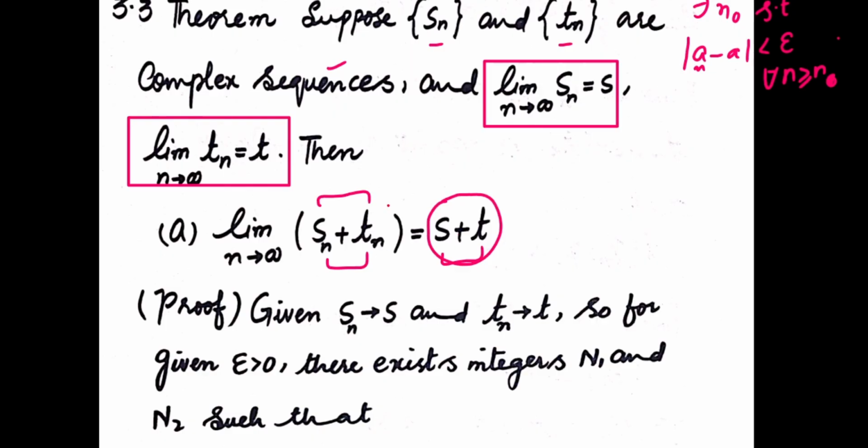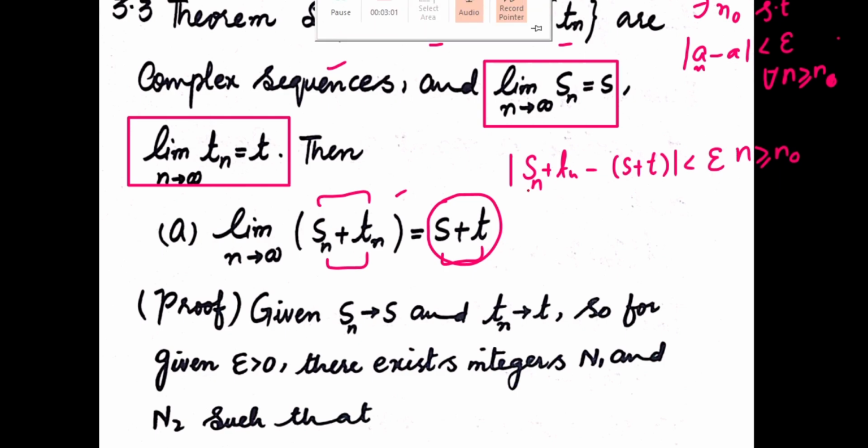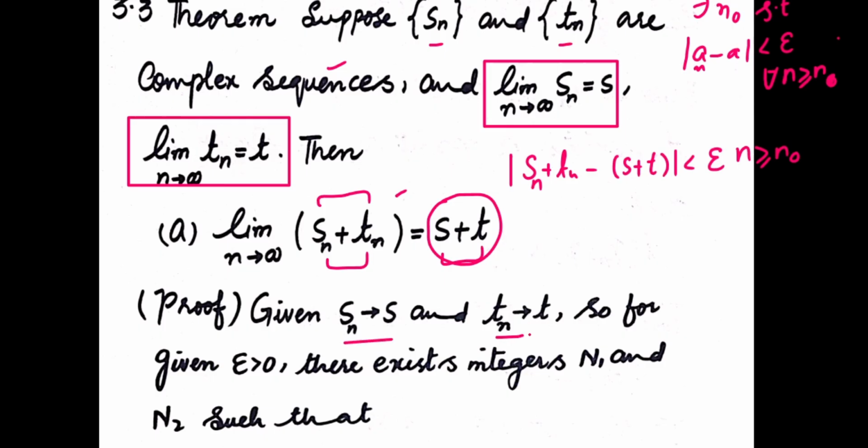To prove this part, we have to show that the absolute difference of sn plus tn minus their limit s plus t should be less than some positive real number epsilon whenever n is greater than or equal to some positive integer n naught. So I will use the convergence of both sequences sn and tn. It is given that sn converges to s and tn converges to t.